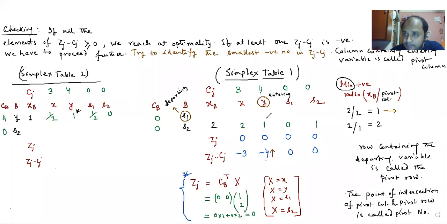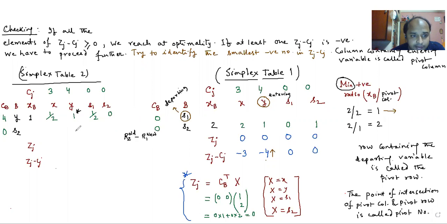So I want to actually make this as 0. What I will do, I will subtract from R2 old the R1 new, where R2 old is the old row and R1 new is the new row 1. Okay, so if I do so, what will I get?